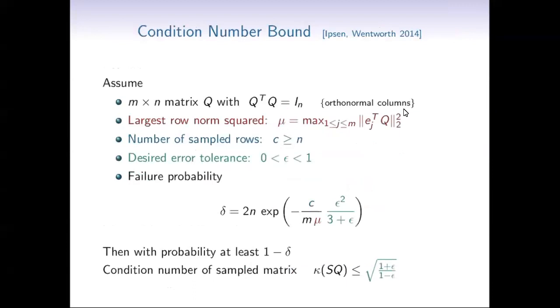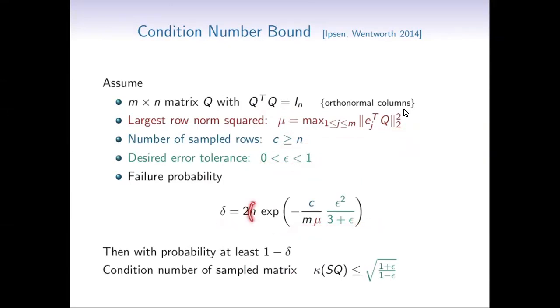So we apply this bound to get a bound on the condition number for a matrix with orthonormal columns. I have to watch the time now. I have 5 more minutes and then that's it. So our matrix, we characterize it by the largest row norm squared. We decide how many rows we want to sample. We decide how much error we can tolerate. And then we have our formula for the failure probability.